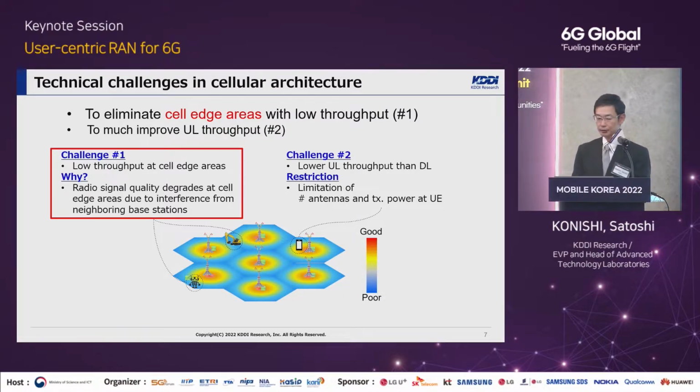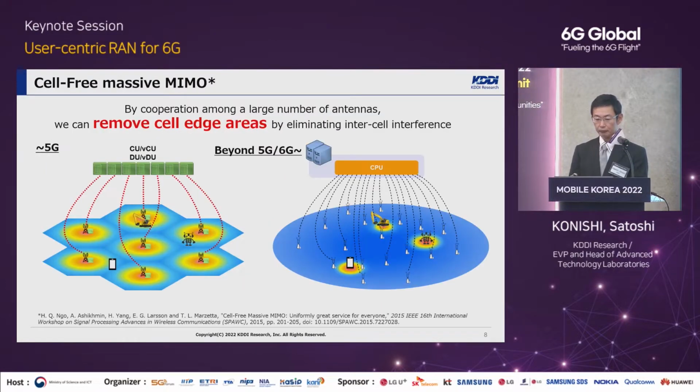The first one is challenge number one: how to eliminate cell edge areas. I think the cell-free massive MIMO scheme is one of the solutions to eliminate or reduce cell edge areas. As you can see on the left-hand side of this figure, in the cellular architecture we see varying throughput depending on the location.